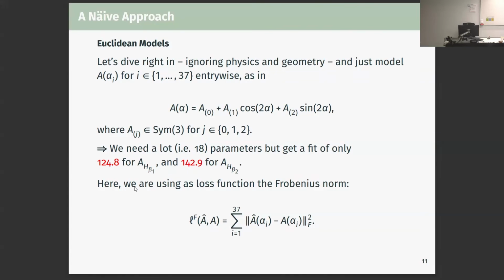This is the predicted hyperfine tensor. This is the actual data. We also flirted with using something called polar distance, which in some cases turns into a metric, but I'm not going to be discussing that, sadly, because of time.